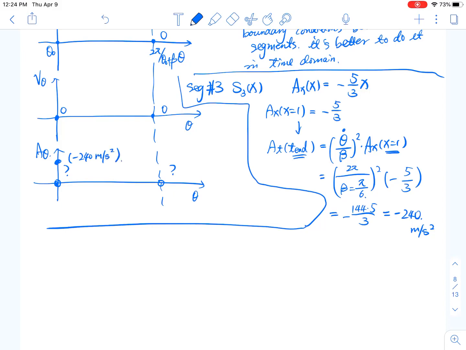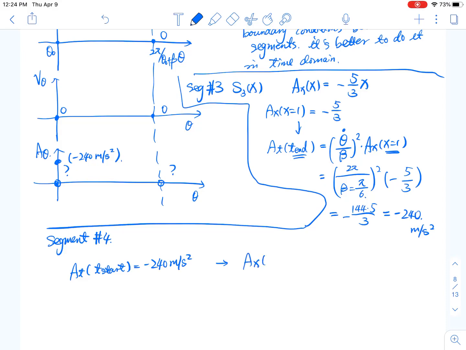But then again, you need to dump it back to x domain for segment 4. So for segment number 4, you know that your A at t start is minus 240 meters per square second. You want to dump all these back to x domain.